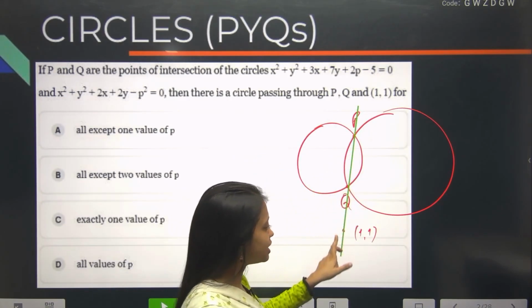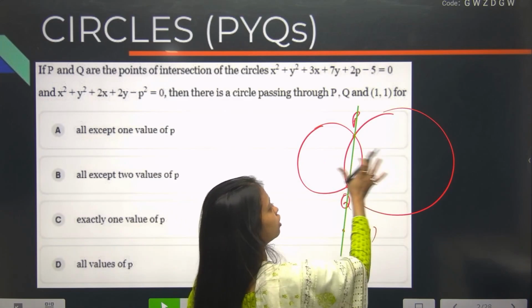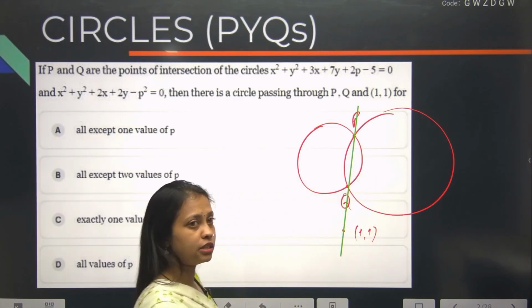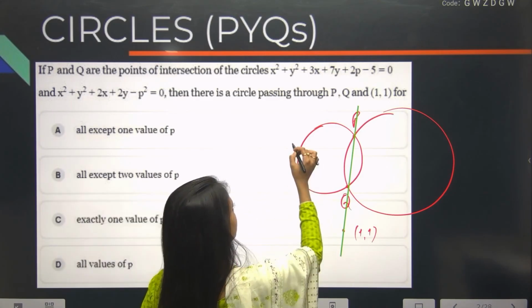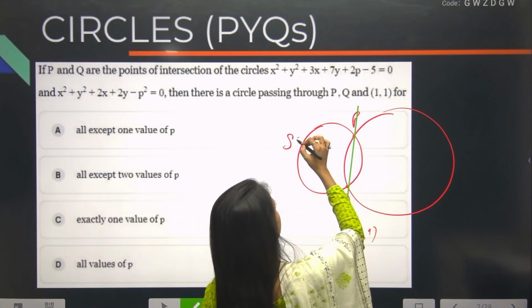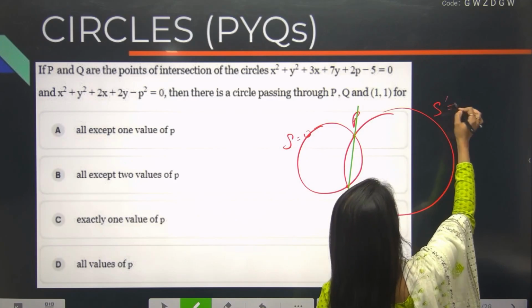That line is this line. In the case of circles intersecting at two points, this circle is S, meaning the equation is S equals to 0, and the other is S dash equals to 0.